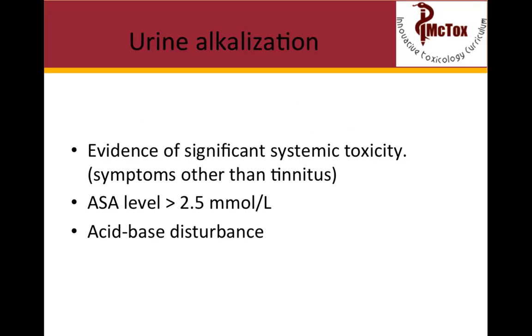Indications for urine alkalinization, which we'll discuss shortly, include evidence of significant systemic toxicity, i.e., symptoms in addition to tinnitus, an ASA level greater than 2.5 millimoles per liter, and evidence of acid-base disturbance.